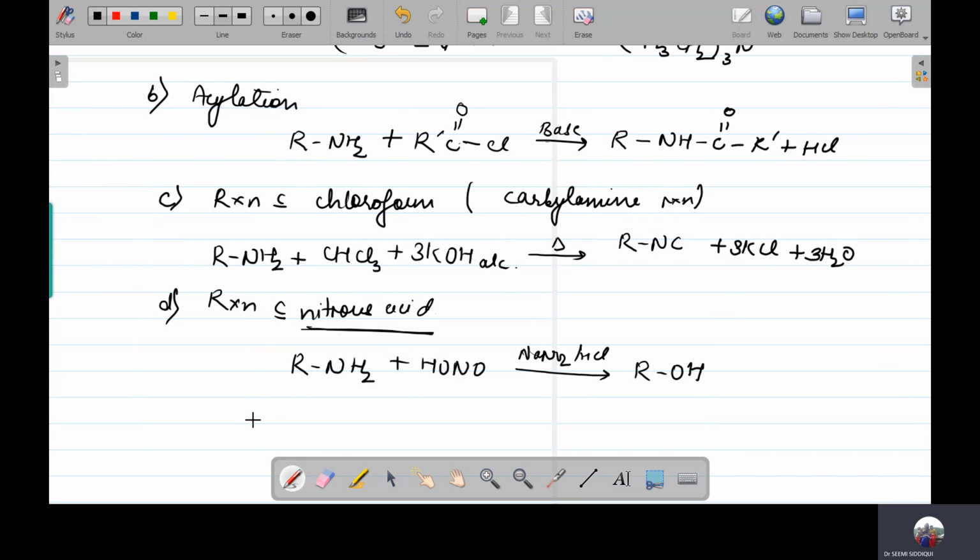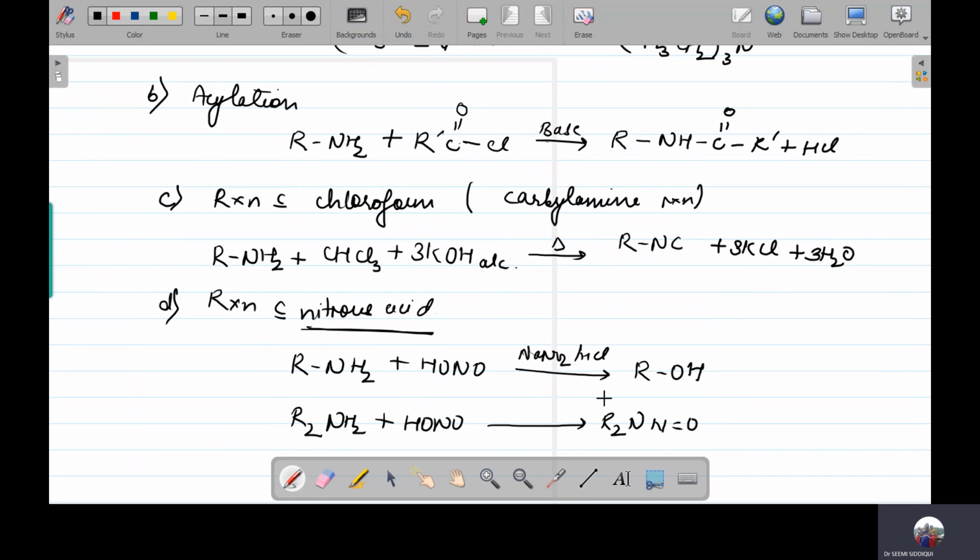But if you are going to have the secondary amines, it is going to react with the nitrous acid to form a yellow-green oily layer, which we say is the nitrosoamine. Like we are having a secondary amine, nitrous acid, so it is going to give a nitrosoamine.